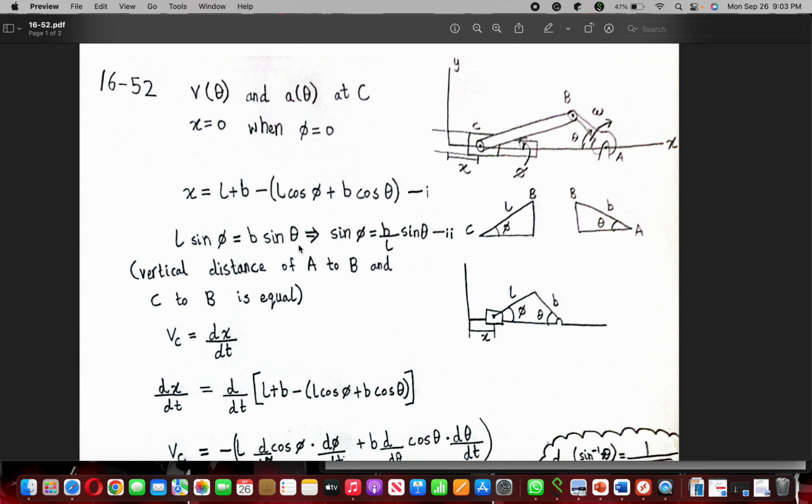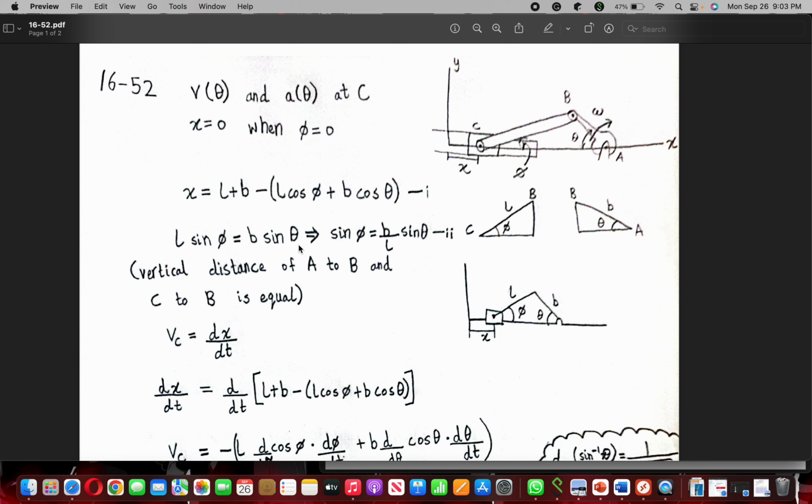So however you move point C throughout the horizontal guide, the vertical distance from the base will always be the same for B. And as you can see, B is the vertical point for both the CB and the AB section.